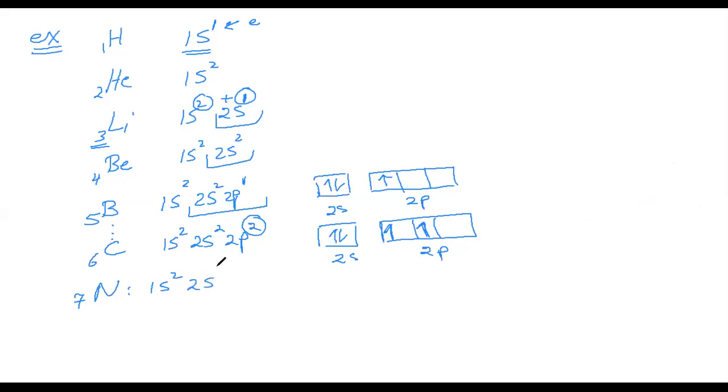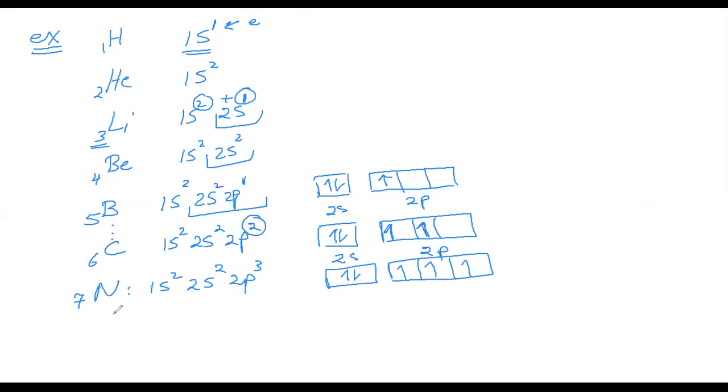1s2, 2s2, 2p3 for nitrogen. So we have 2 electrons in the 2s, and we have 3 electrons in the p subshell, so each electron must be placed in a different orbital than the other.